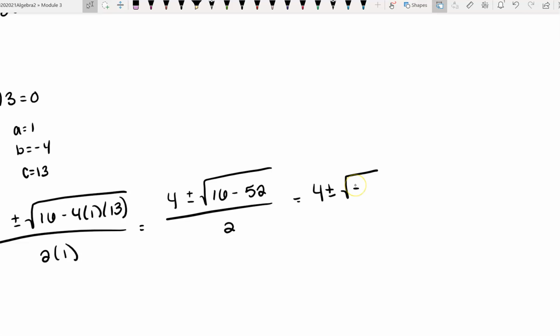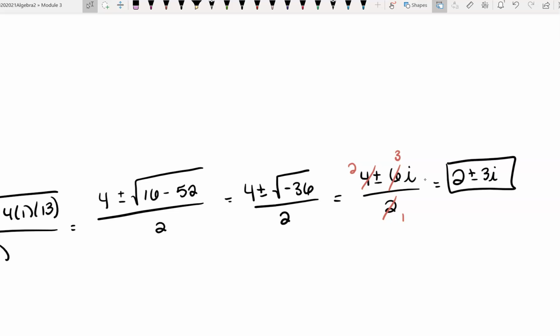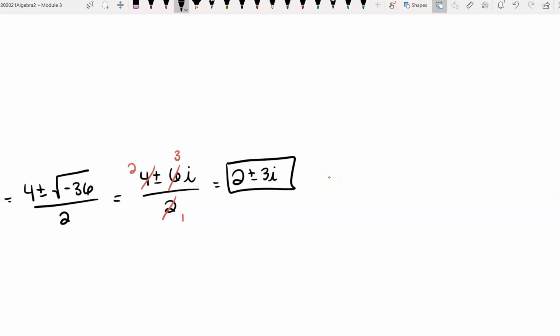Negative 36, maybe? Okay, over 2. Which equals 4 plus or minus, there's going to be an i in there because it's negative. And actually, the square root of 36 is 6. So I'm going to say 6i over 2. And again, simplify. All these are divisible by 2. So I'm going to have 2 plus or minus 3i as my 2 imaginary solutions.